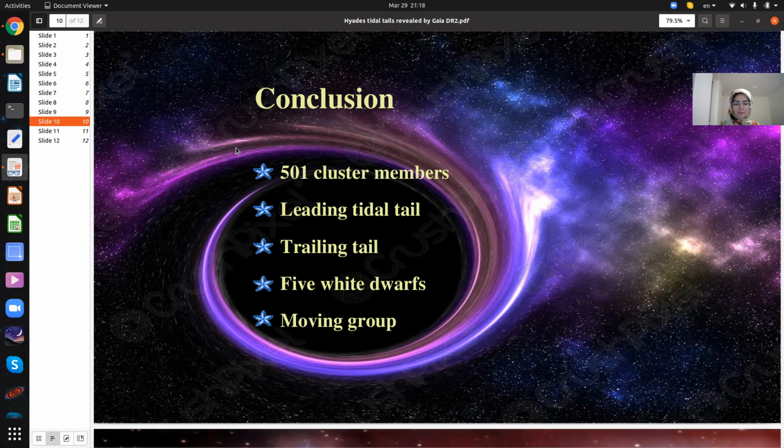And they found 5 white dwarfs in the tails, and found a moving group some 150 parsec from the sun, near the border between the constellations Sagittarius and Corona Australis.